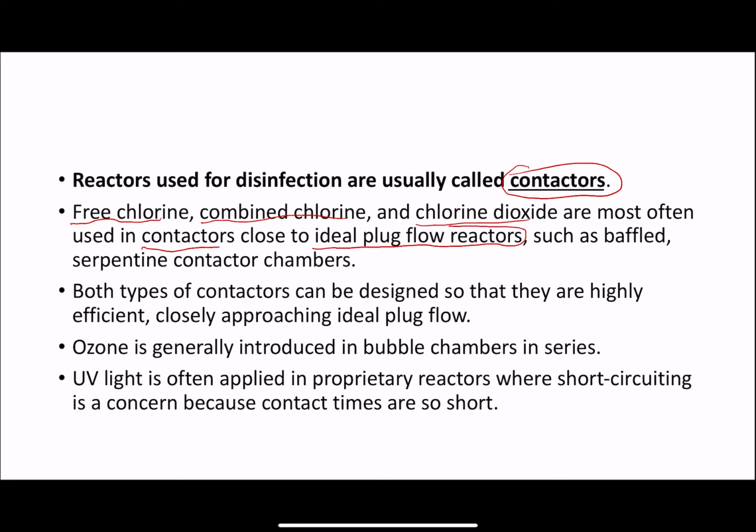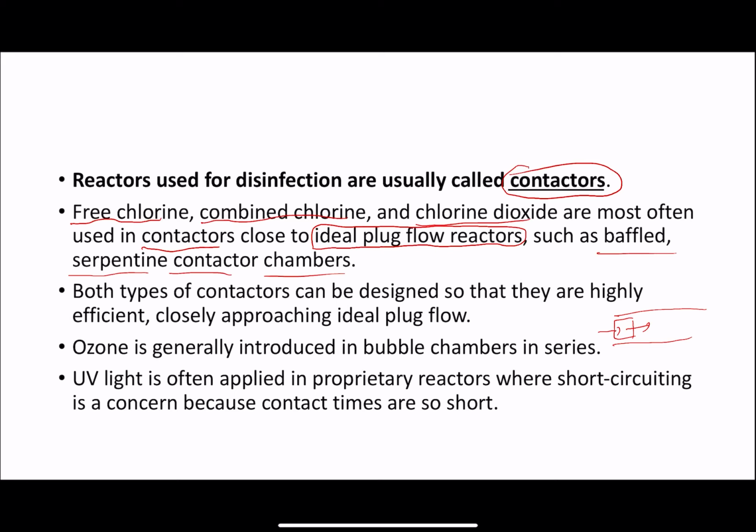Remember the plug flow reactor we mentioned previously? Such as baffled serpentine contactor chambers. And both of these types of contactors can be designed so that they are highly efficient, closely approaching ideal plug flow. Remember the plug flow? The plug of water is moving from one place to the other.